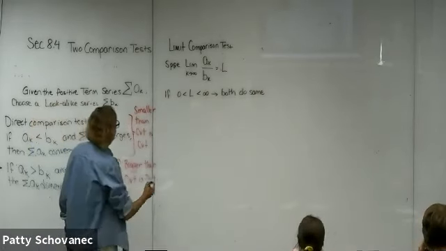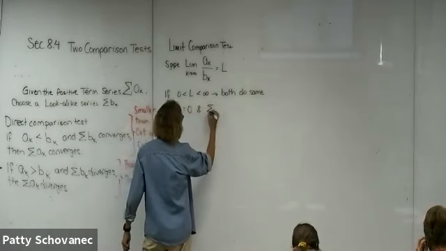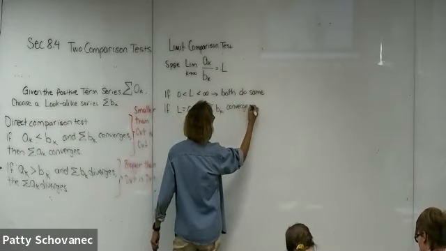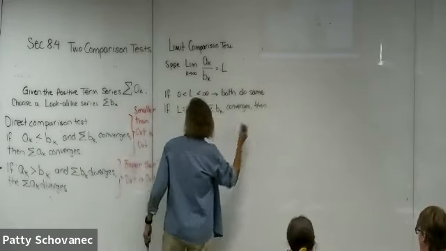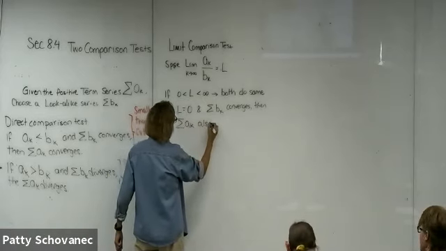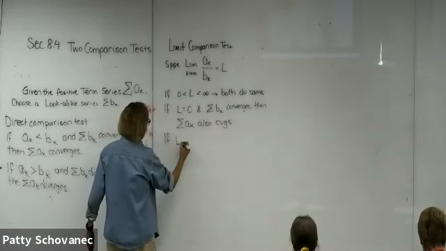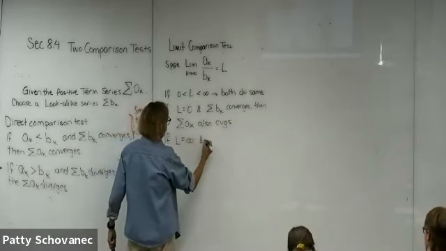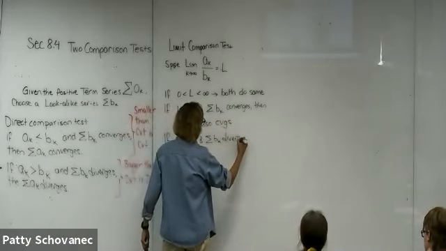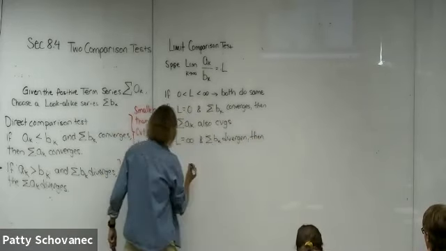If the limit is 0, and the series that looks alike converges, then the given series converges. If the limit is infinite and our lookalike series diverges, then the series we're testing also diverges.